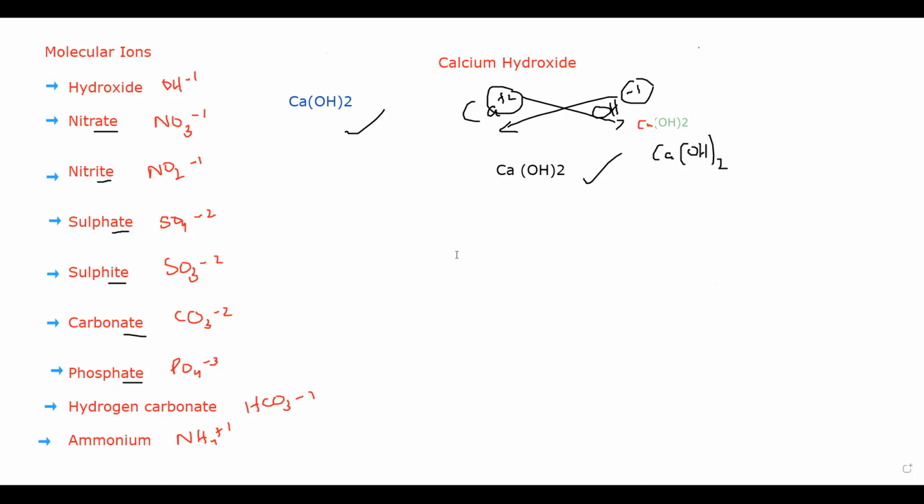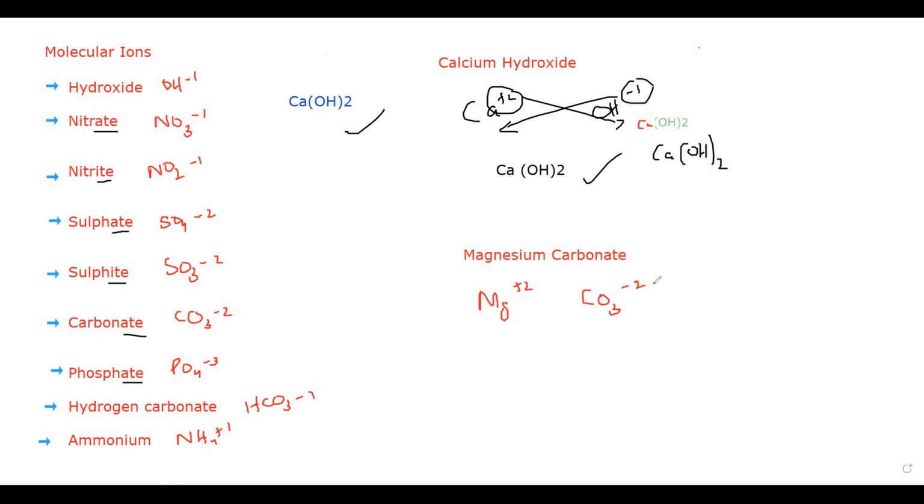Another one. If I want to write a chemical formula for magnesium carbonate: magnesium is Mg, group 2 with a charge +2, and carbonate is CO3 with a charge -2.